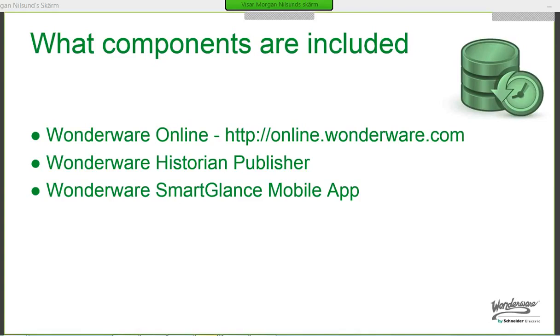So this enables you both to view information from your historian that you have locally installed on your site, but could also be a solution for the Wonderware Online. This software is compatible with iPhone, iPad, Android, Windows phones, and of course Windows operating system.